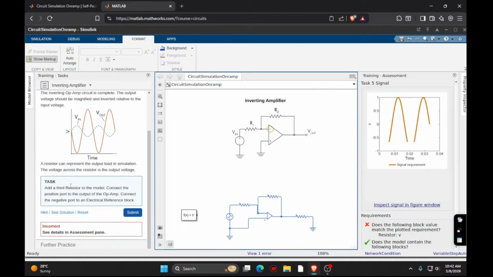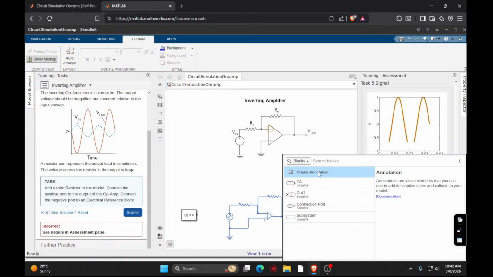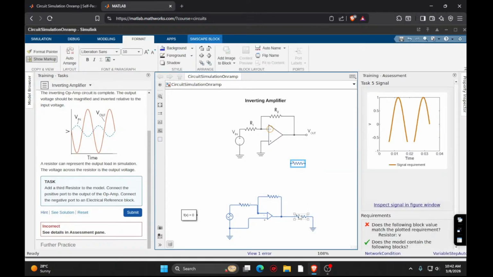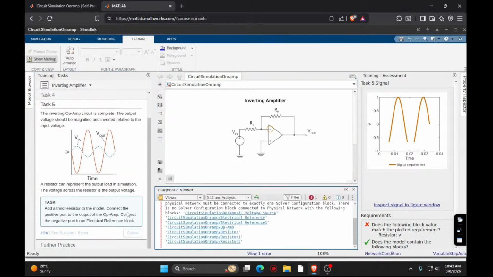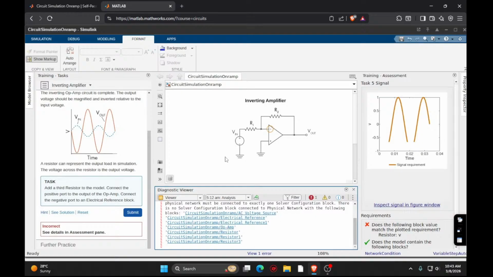I have to use a new resistor, I guess, because the value is... must connect with the solver configuration.